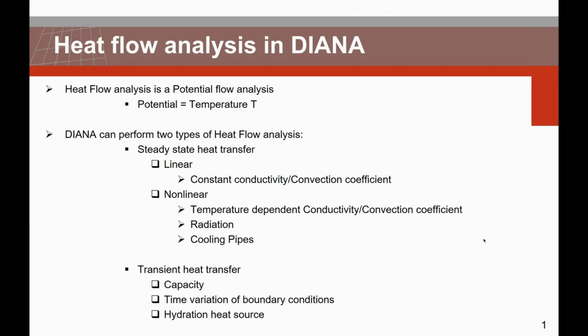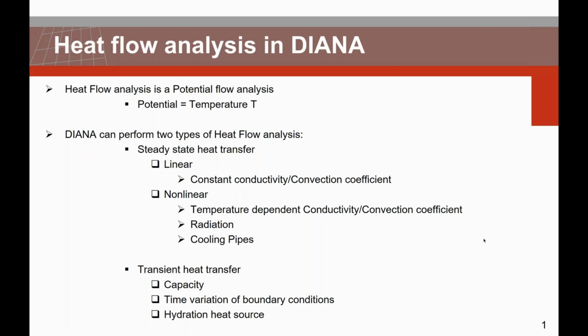So basically, heat flow analysis is a potential flow analysis where the potential is temperature T. In Diana, you can perform two types of heat flow analysis. The steady state heat transfer analysis, where you can consider a linear solution in terms of constant conductivity, convection coefficient, or a nonlinear solution by means of temperature-dependent conductivity, convection coefficient, or radiation or cooling pipes.